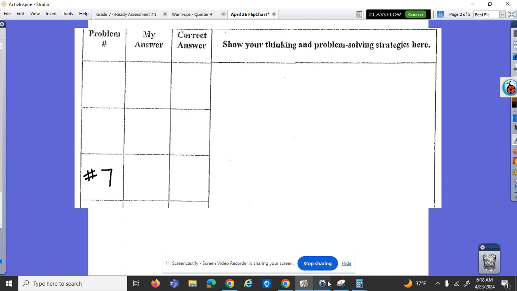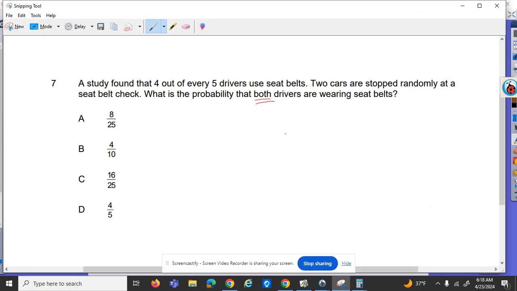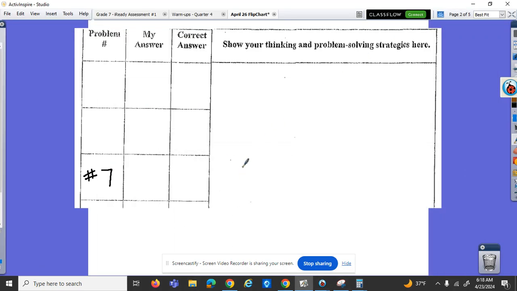So number 7 tells us that it's a 4 out of 5 chance for a driver to wear a seatbelt. So let's say we stop the first car, it's a 4/5 chance. Say we stop another car, another 4/5 chance. So both drivers, both would mean multiplication for probability. Look over at the word wall and find that word both on the blue list.